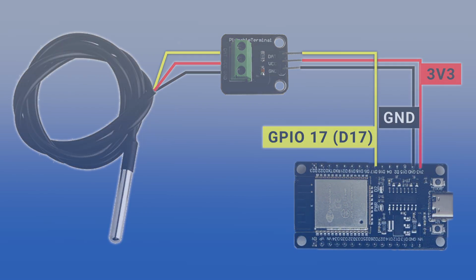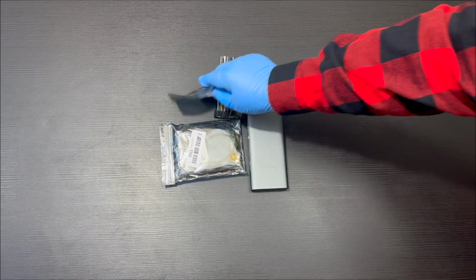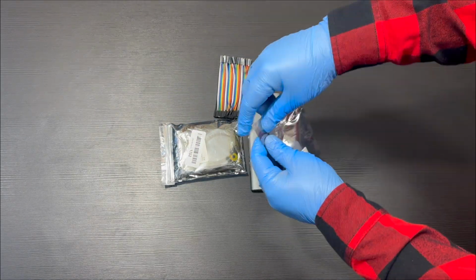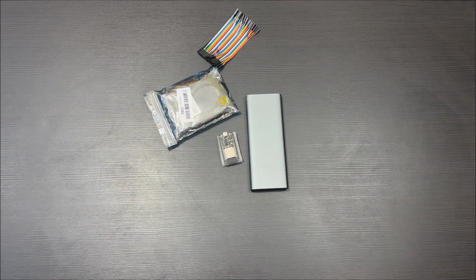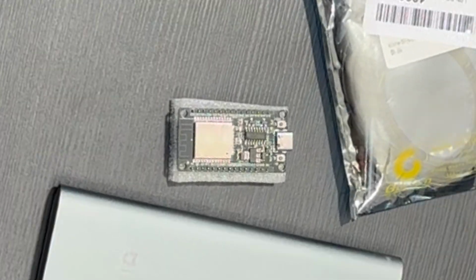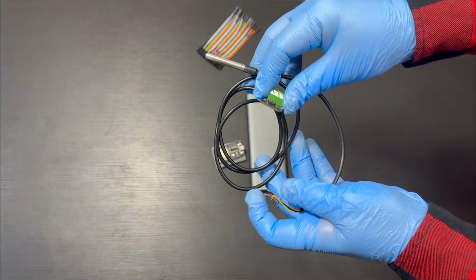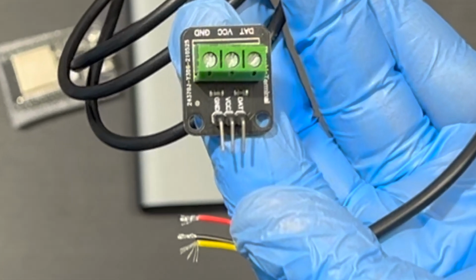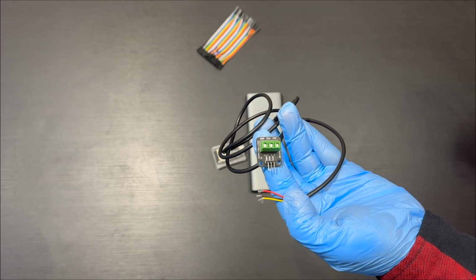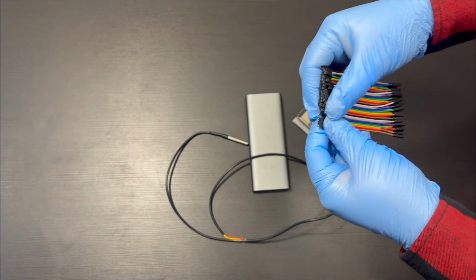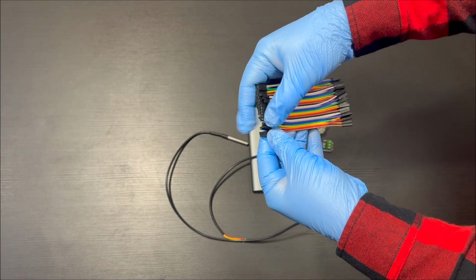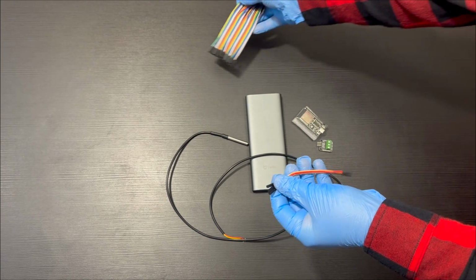Let's look in real life. So let's open our ESP board. And now we can open our temperature sensor, and we see that we have a module and we have the wires of the sensor, so it shouldn't be hard for us to connect everything together. Let's grab some wires with different colors and plug them into the module.